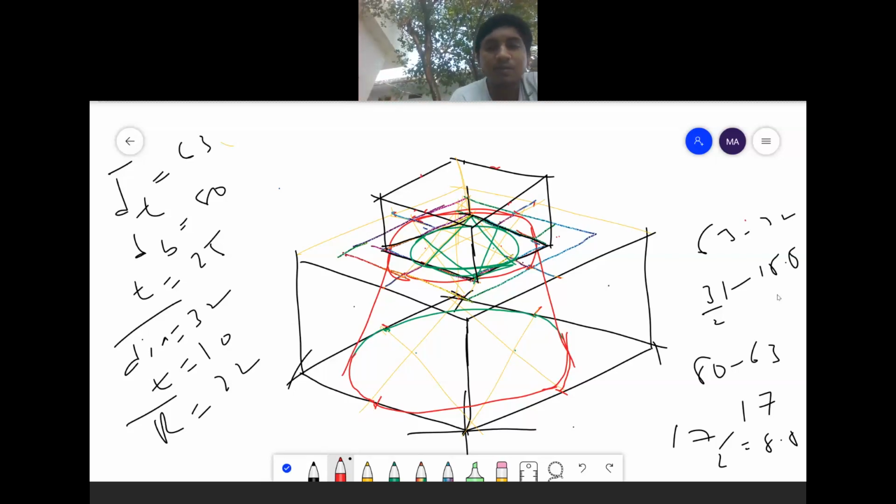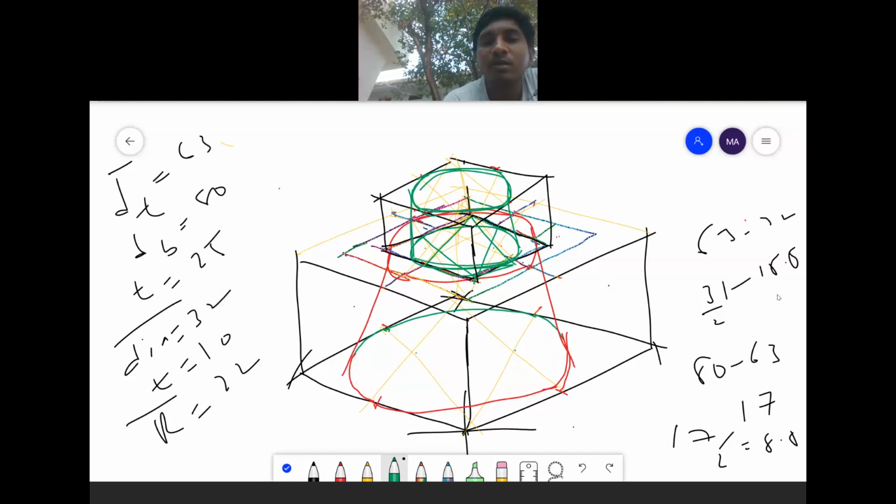Again using the 4 center method, we will draw a circle here. I am using a green pen to draw this circle. I will join these two circles. This one will be your cylindrical plate.